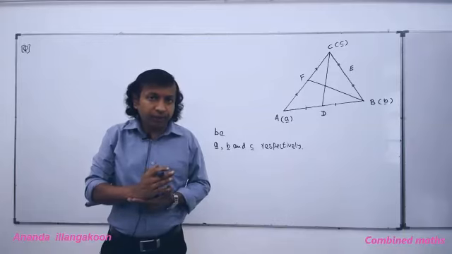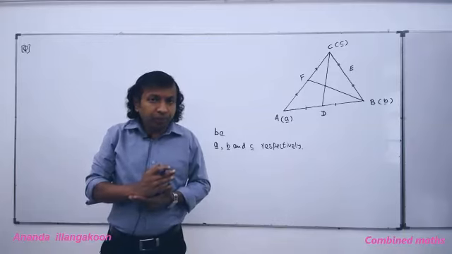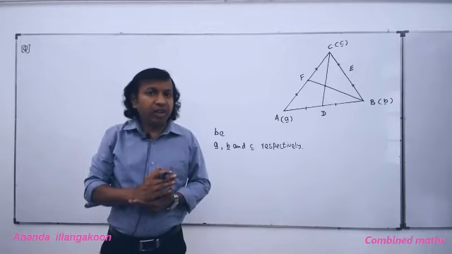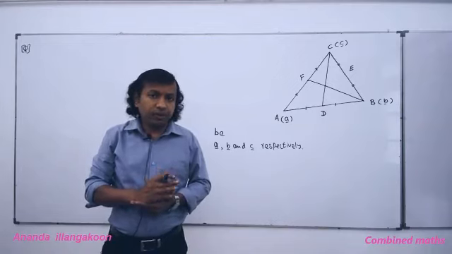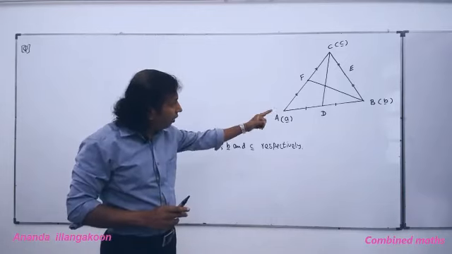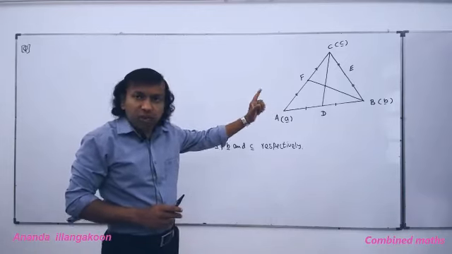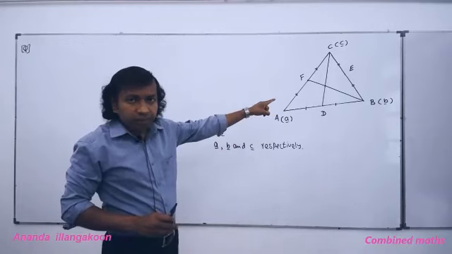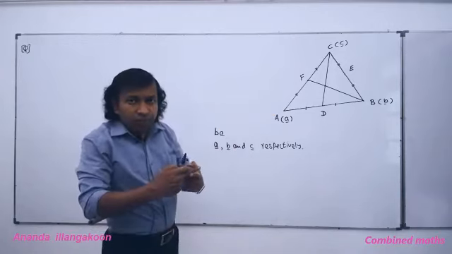Non-parallel means they are not parallel, so definitely somewhere they must meet. Here also, CD and BF are obviously non-parallel. Therefore, they must meet. As in the diagram, we can see the crossing point.